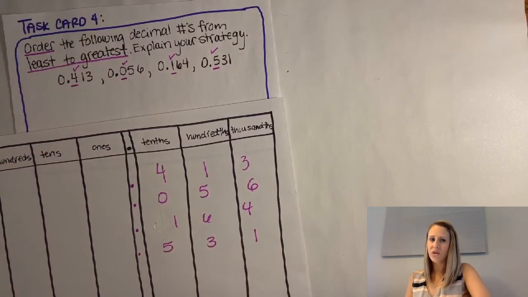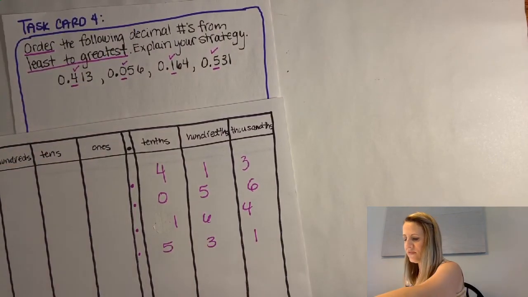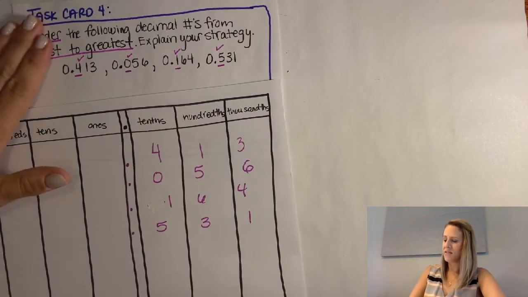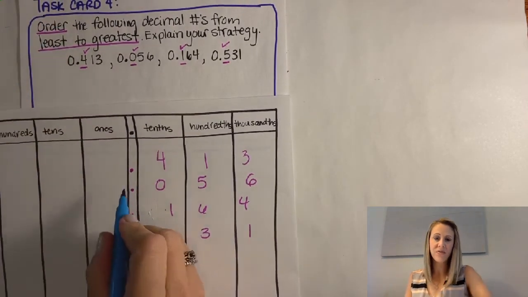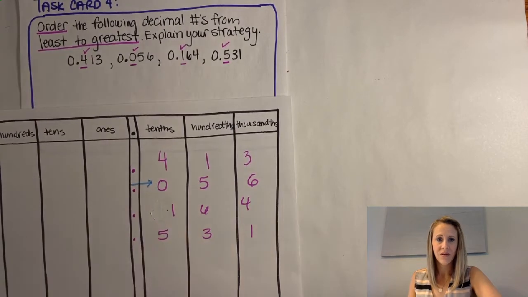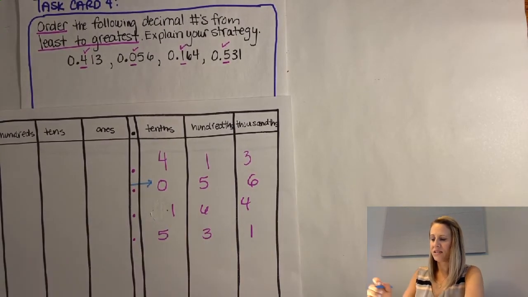So again, when you have these lined up in your place value chart, you can see that 0 is the least of all of the digits, which is why we listed that number as the least.